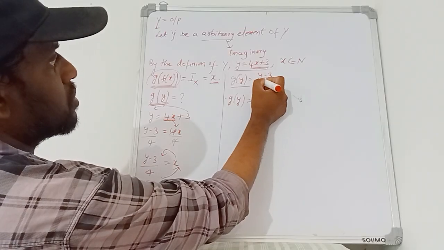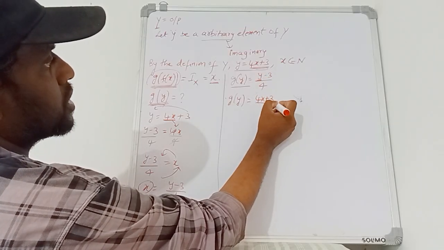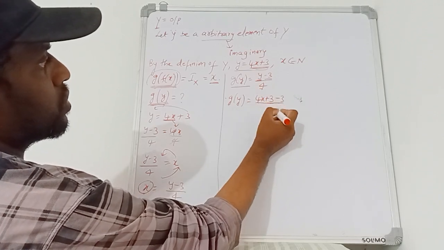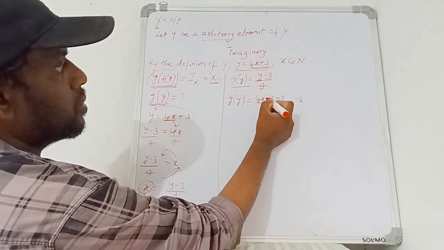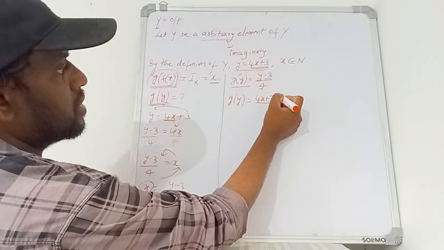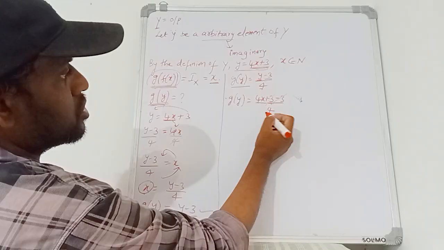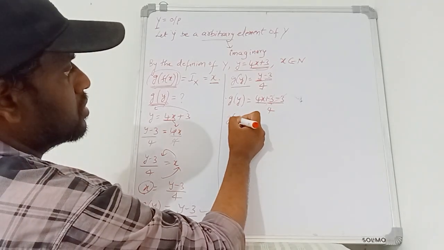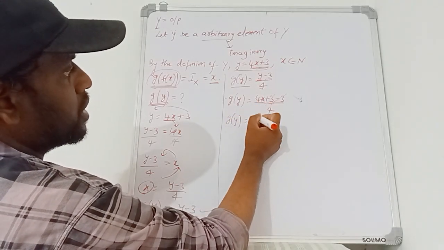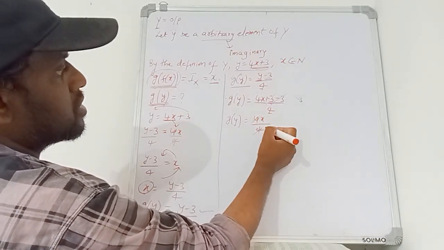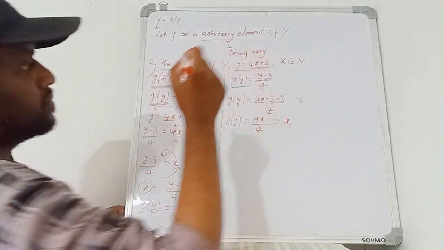I have written 4x plus 3, minus 3, all divided by 4. Now 3 minus 3 becomes 0, so it cancels out. Next we have 4x divided by 4. The 4 cancels out, so we get x.